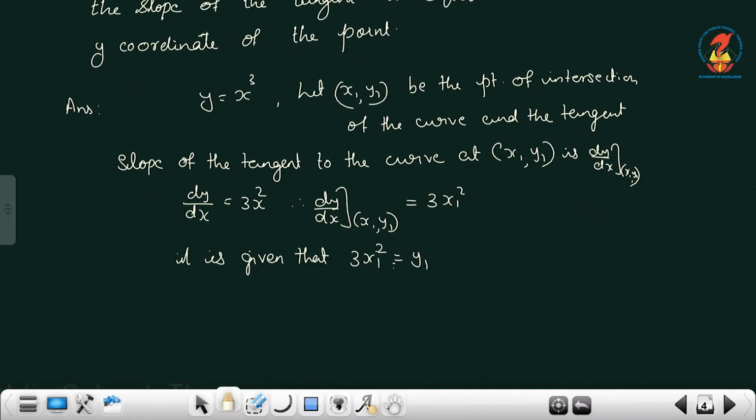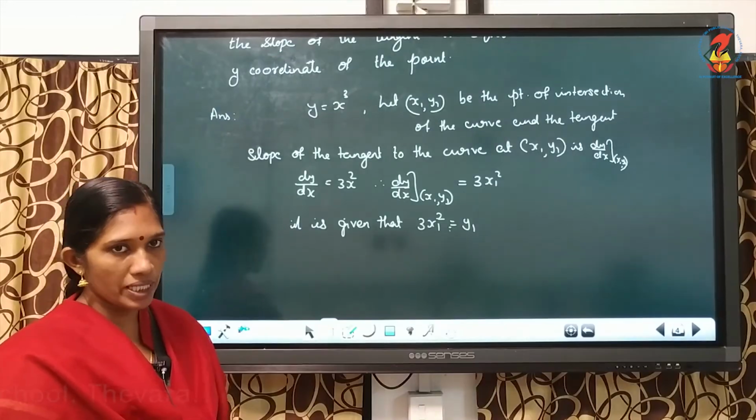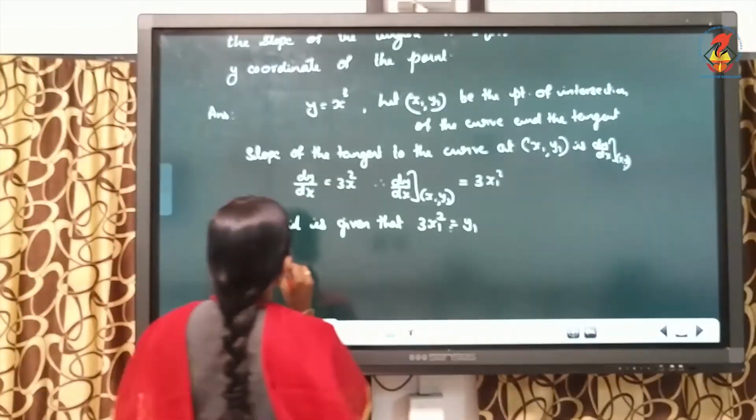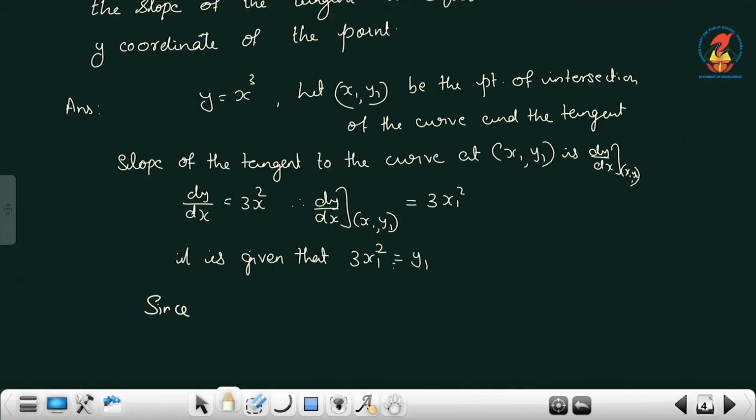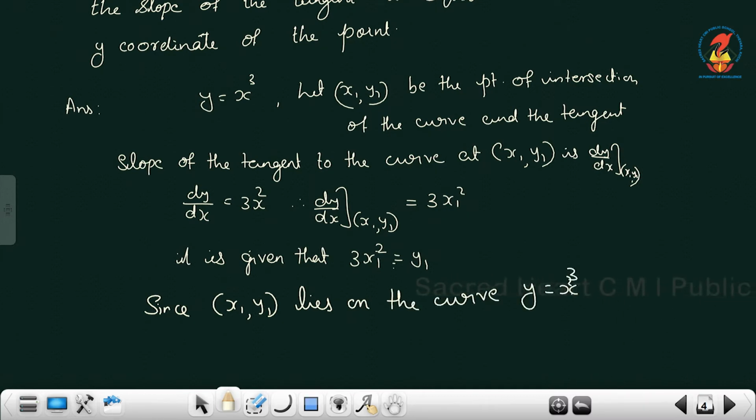Now this x1 and y1 lies on the curve, isn't it? Since the point x1 comma y1 lies on the curve y is equal to x cube, therefore we can substitute the point here: y1 is equal to x1 cube.